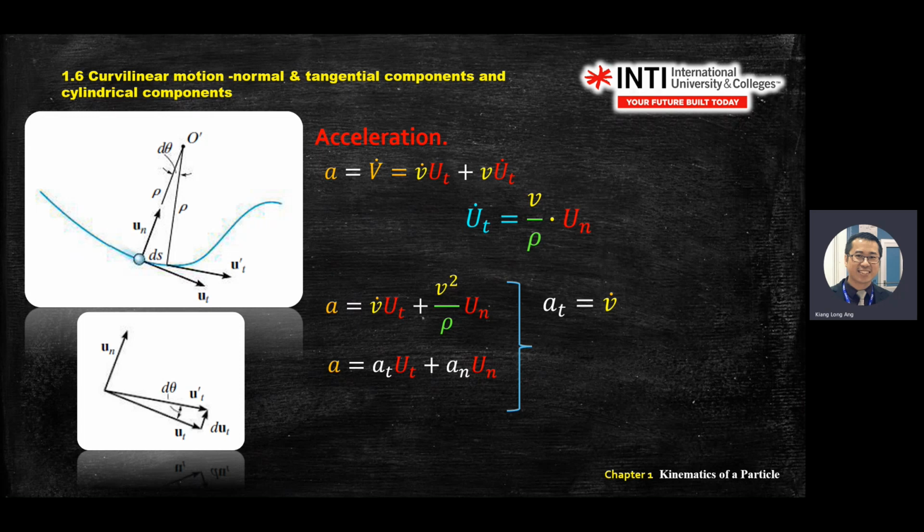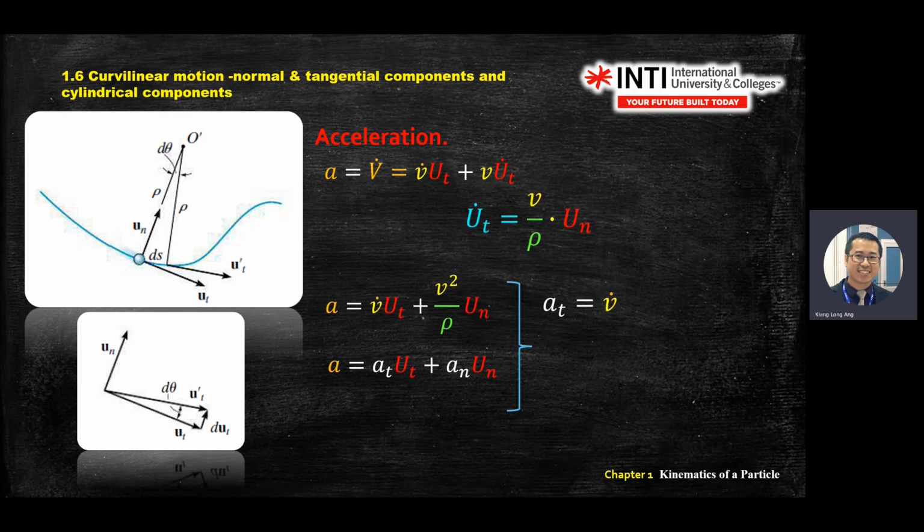Your next question is, how do I find my v? What kind of v component should I use? Because you know that your v can always be split into x and y direction, right?